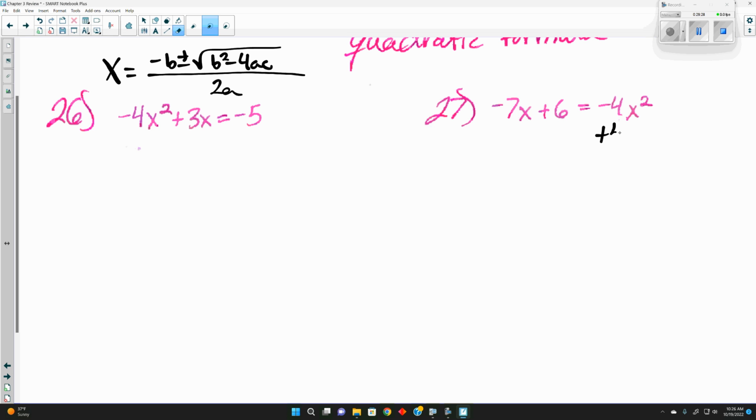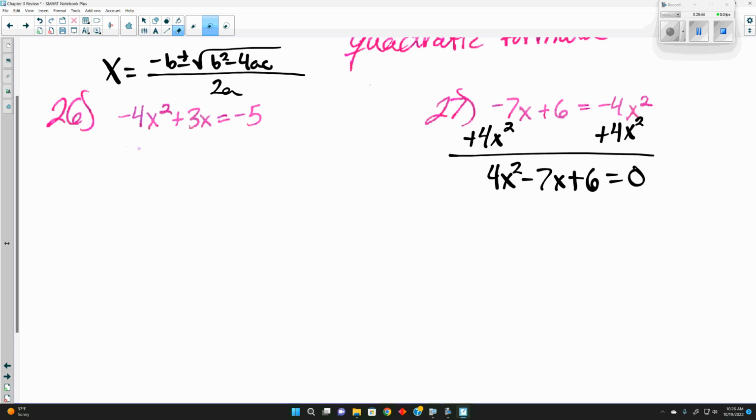Here, we can add 4x squared to both sides, because when we use the quadratic formula, we need it equal to 0. By adding 4x squared to both sides, we get 4x squared minus 7x plus 6 is equal to 0. If we had negative 4x squared, we could divide or multiply by negative 1 to just flip the signs, and it'll give us the same answer.